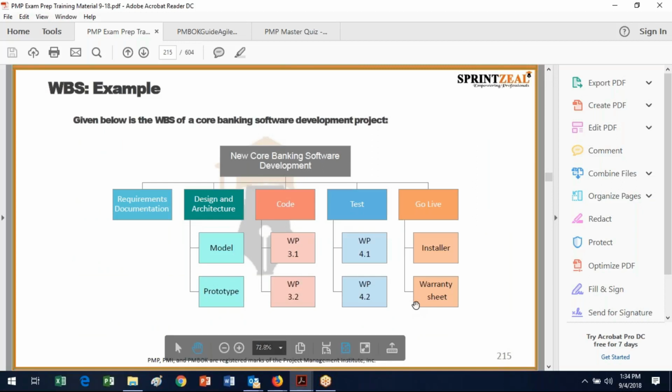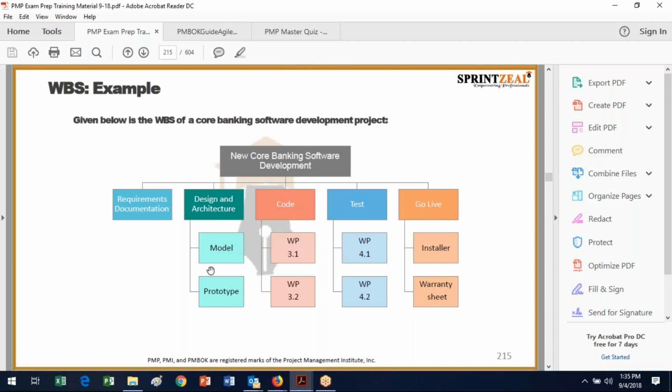So here's an example of the WBS, and this is for a banking system. So you've got requirements, design, so this is organized in a kind of a waterfall life cycle. And again, what you put at the top level is purely subject to your company's organizational structure and OPAs. But these need to cover the waterfront. So everything that's going to be done on this project has to fall into one of these 5 boxes.